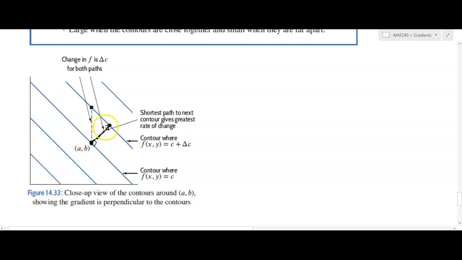That means you're going to make it to the next contour sooner than if you were to, say, travel this way. So this is going to take you a longer distance to get to that same contour than if you simply went directly perpendicular away. Because here the distances are growing kind of slowly, but if you move directly away at a 90-degree angle, then you're going to have maximal ascent. So the gradient vector is going to point perpendicular to the contour that you're currently at.